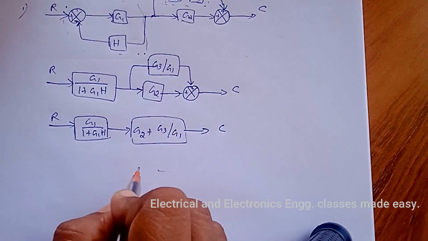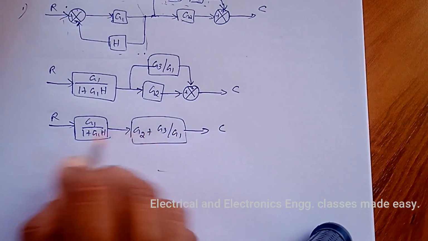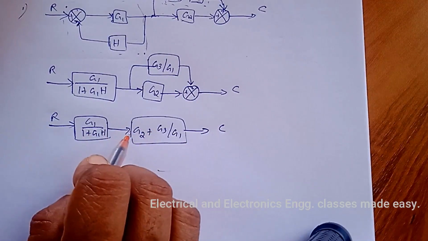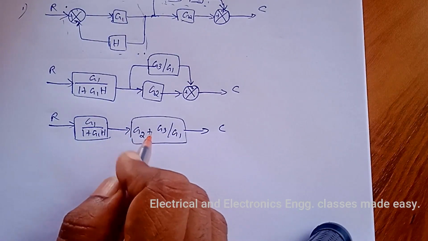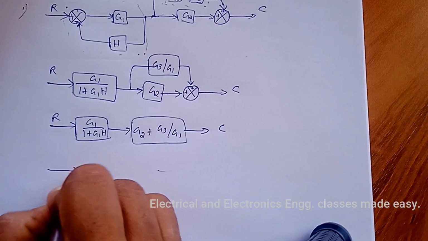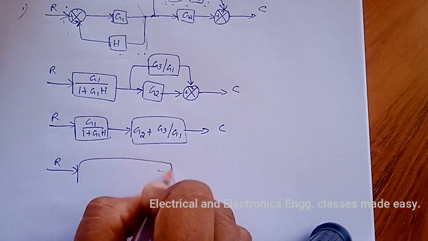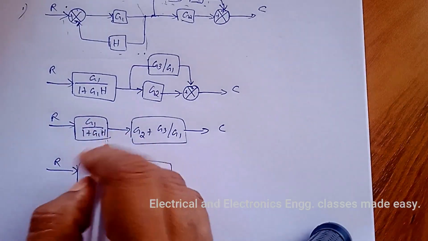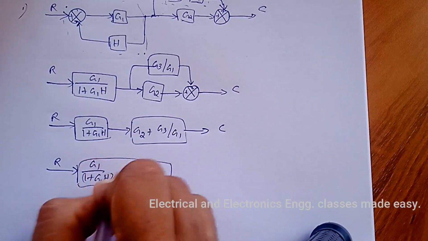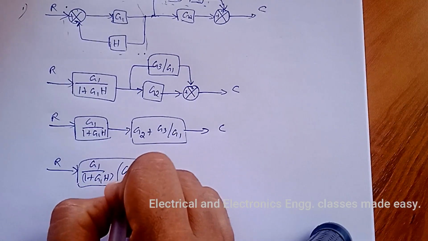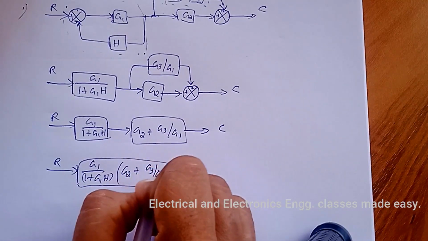Then C. Now we can combine these two cascaded blocks, that is by multiplying these two transfer functions, we get the reduced form, that is G1 divided by 1 plus G1H into G2 plus G3 divided by G1.